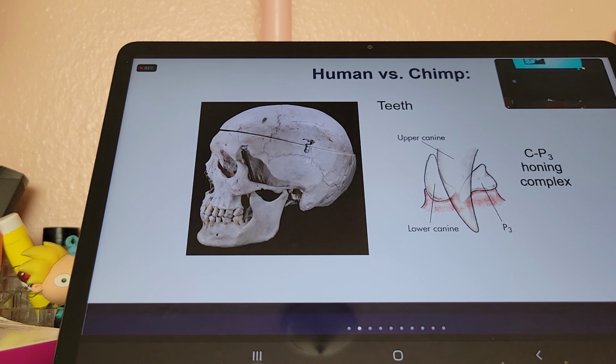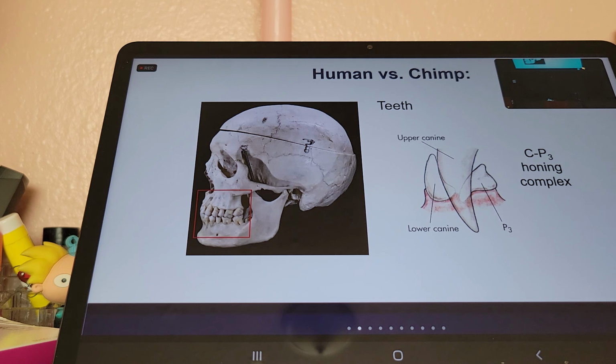That is to hone an edge. And so apes with these big canines, they have the CP3 honing complex, which sharpens the edge of the canine, makes them look fiercer, and makes them more useful for different types of behaviors.